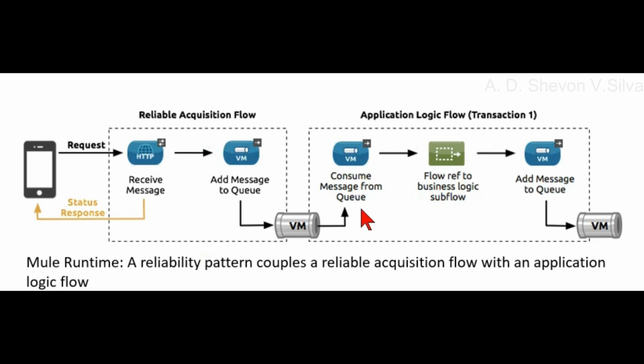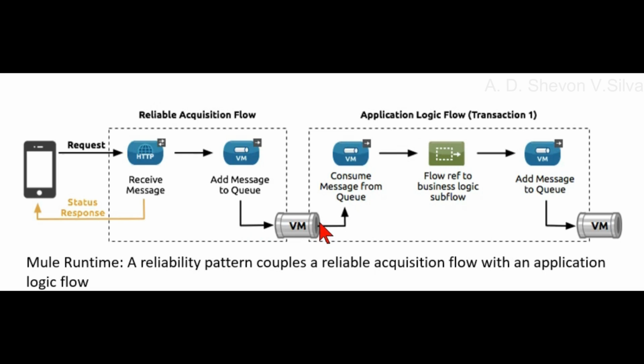The reliable acquisition flow, the left side of the diagram here, delivers a message reliably from the Mule event source that does not implement the transaction to an outbound operation of a connector that implements the transaction.